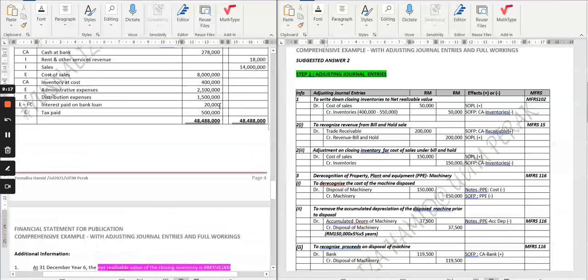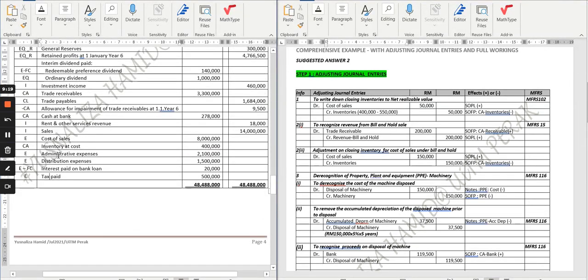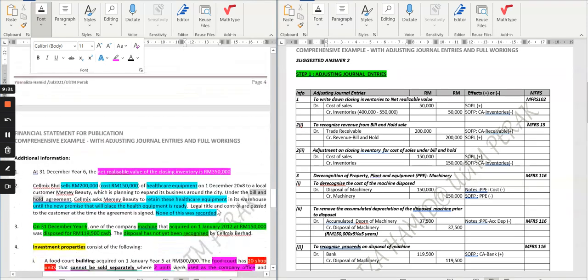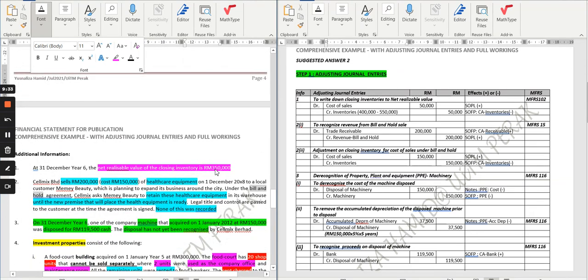Compare this with the cost of the inventory that was given in the trial balance. So if you can see here, the cost of the inventory here is 400,000, and if you compare with the NRV 350,000, the NRV is lower than the cost. So the difference of 50,000 you will have to write down.